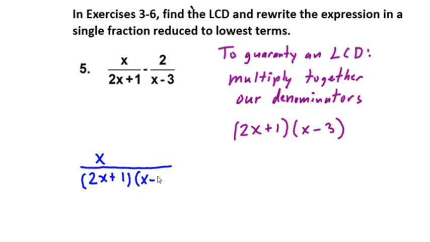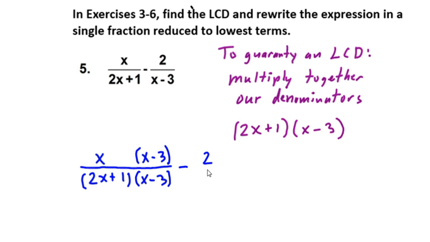X minus 3 over x minus 3. Okay, so this expression here, x times quantity x minus 3 over quantity 2x plus 1 times quantity x minus 3, is the same as this first fraction here before the subtraction sign. All right?